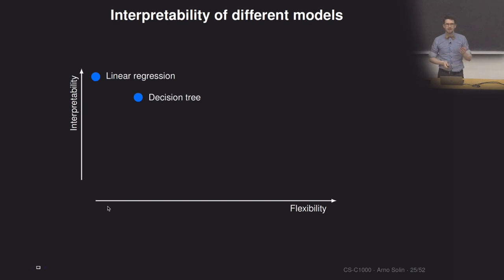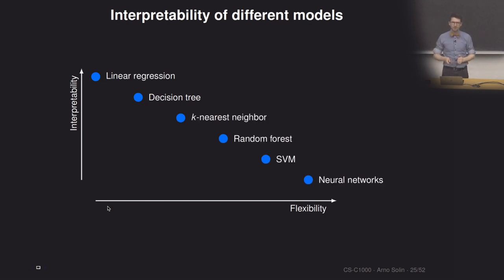Then we can have different families of machine learning models, where decision trees are slightly more flexible, but there's a cost for that. Interpreting them is slightly harder. When we go through different typical families of machine learning models, you can read a trend here.